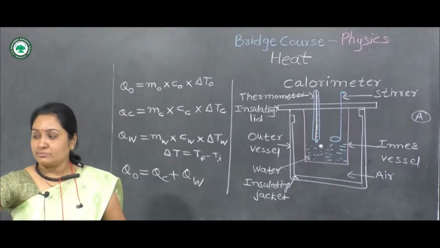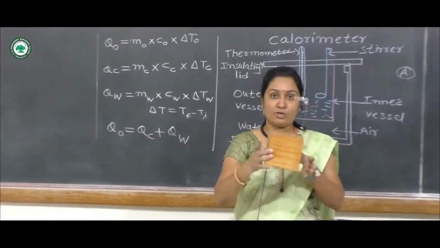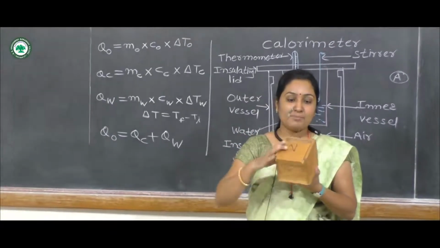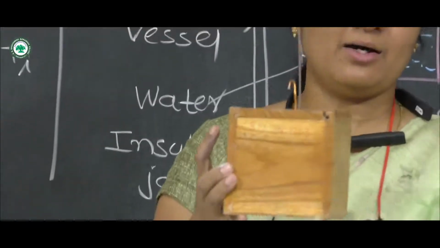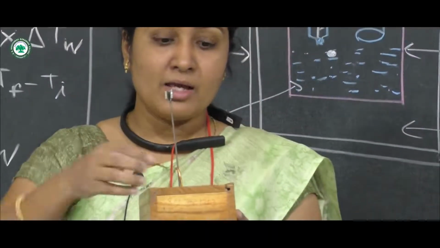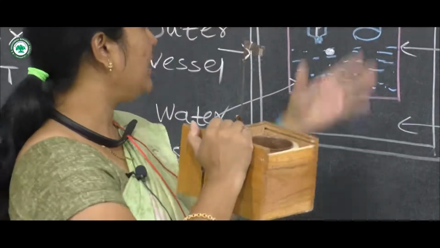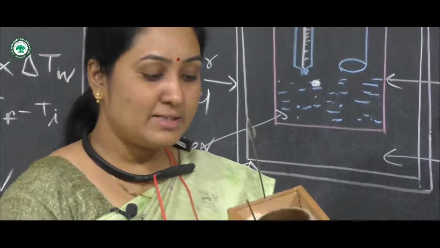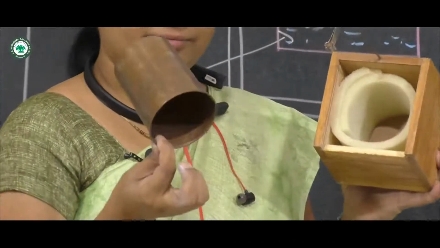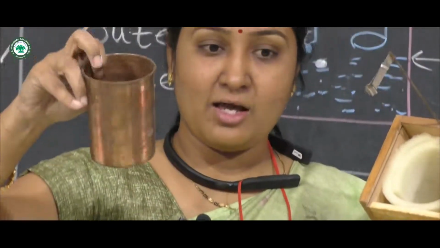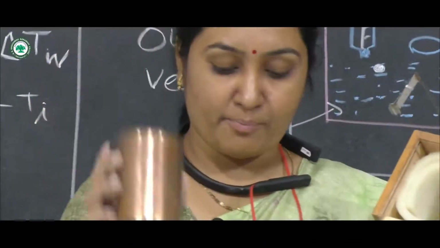Now the calorimeter looks like this. This calorimeter is a wooden box, in side view. If we open it, this is the insulating lid which we have drawn here. Inside this calorimeter there is an inner vessel, or calorimeter vessel, which is made of copper.